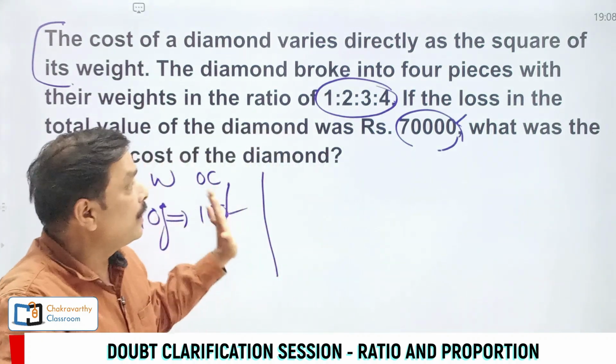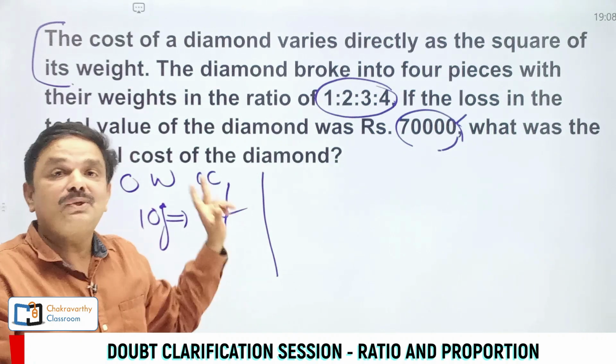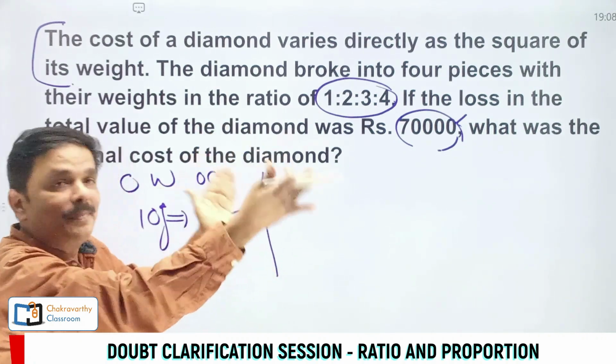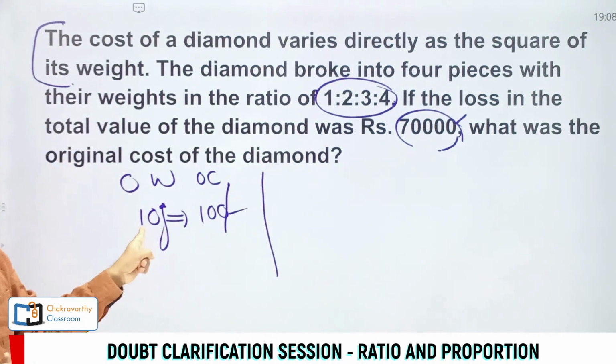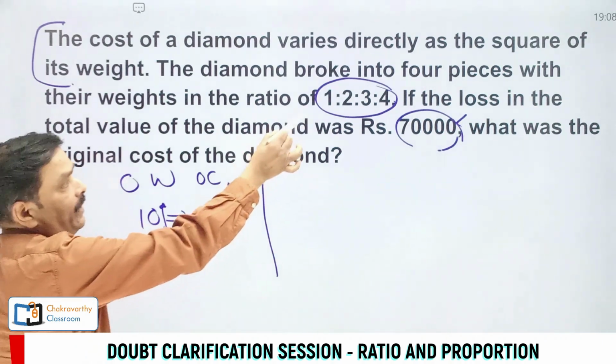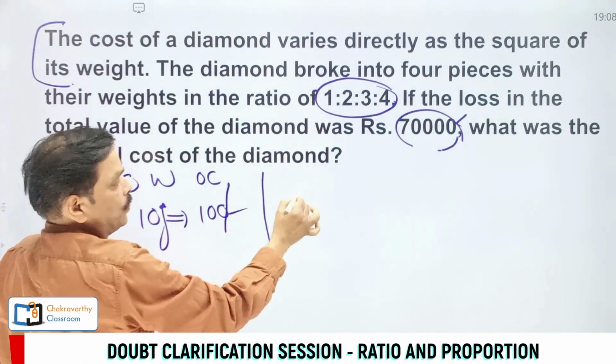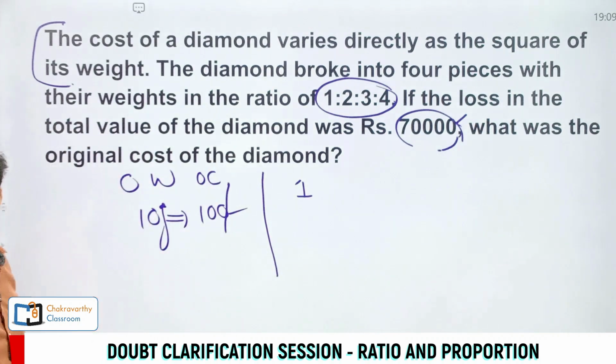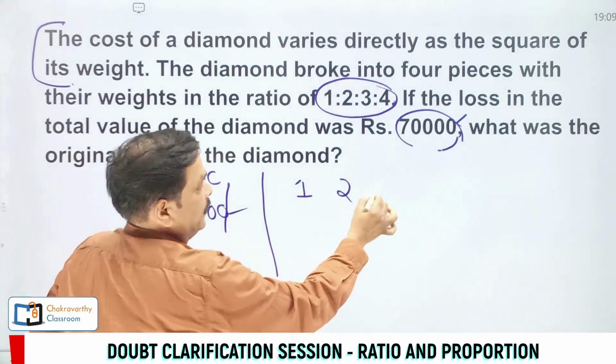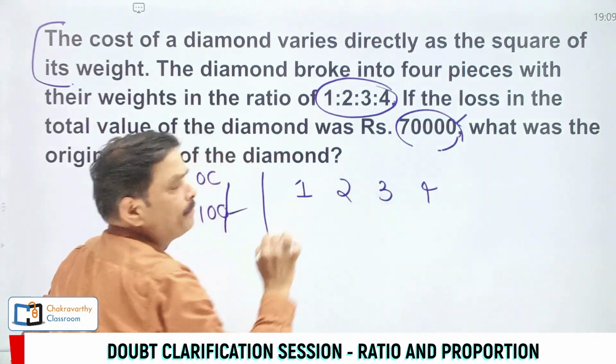But before finding out the cost, you need to find out the weight of the pieces. Since I have taken the convenient number as 10 grams, the weight of the first piece is obviously 1 gram. The second piece is 2 grams, third is 3 grams, fourth is 4 grams, simple.